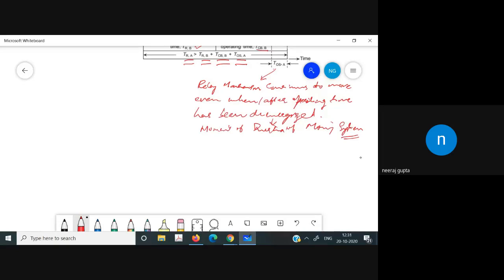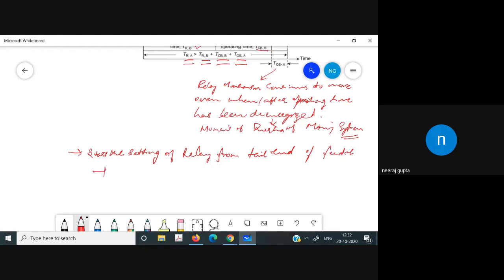So we start the setting of the relay from the tail end of the feeder. What does it mean?